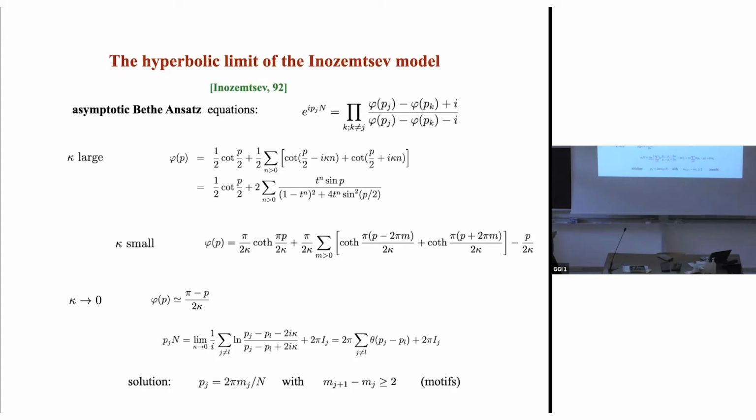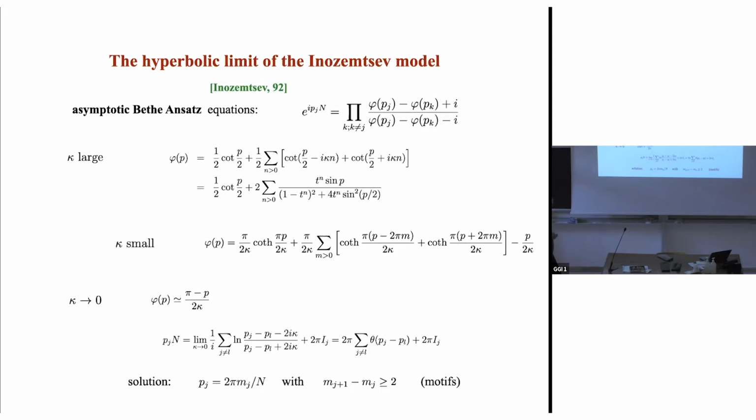you have this kind of expansion, and close to the Haldane-Shastry limit, this representation is more adapted, and you see that when kappa goes to 0, these cotangents become step functions, and almost everything disappears except for this term and some constant.